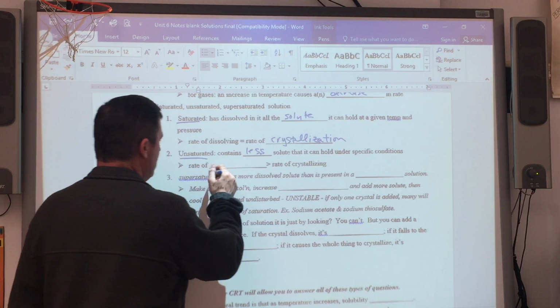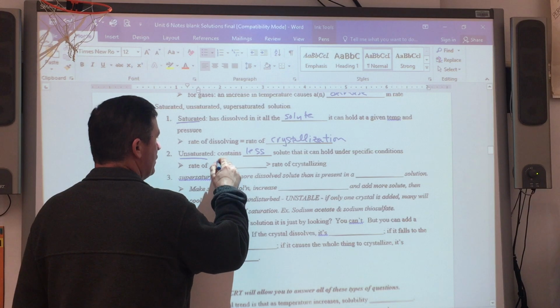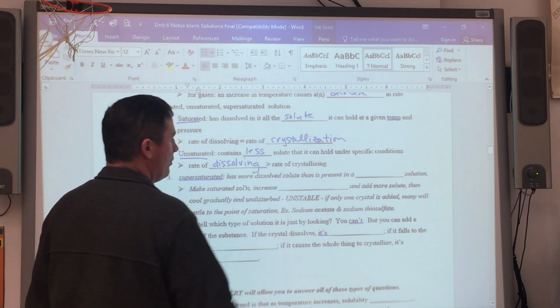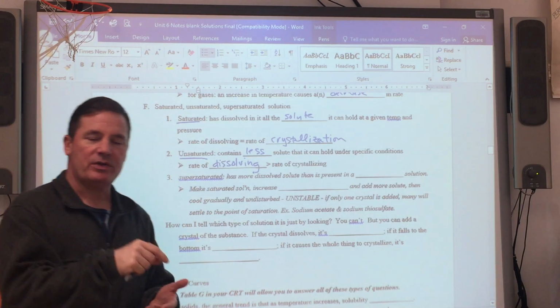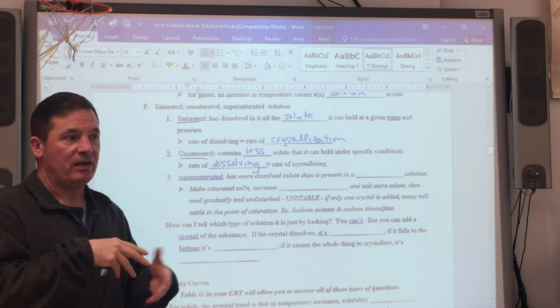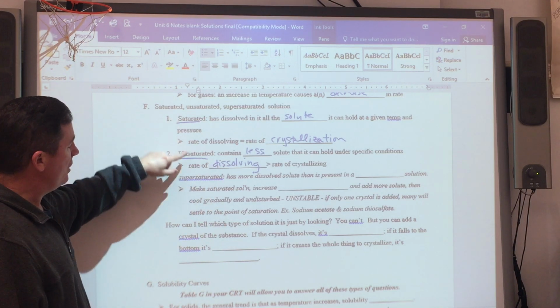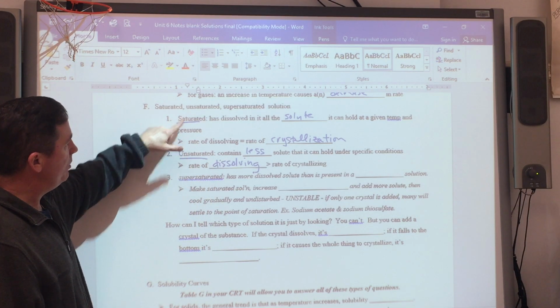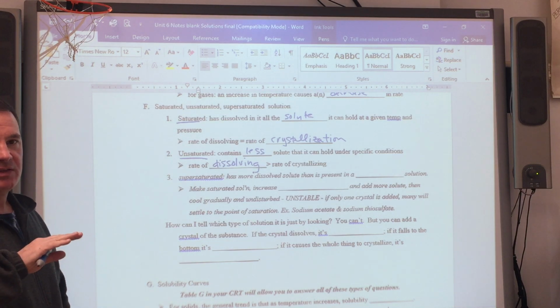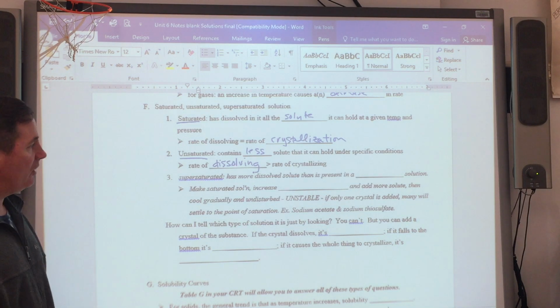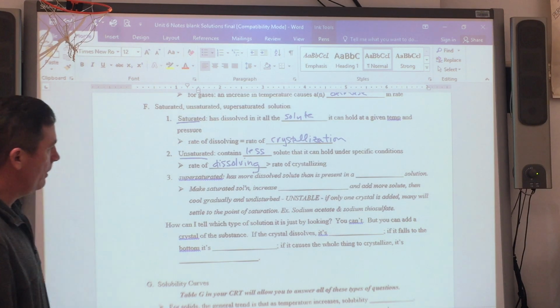If it's unsaturated, that means the rate of dissolving is greater than the rate of crystallizing. So when I put crystals in there, it will dissolve. And at some point, it will become saturated. So unsaturated solutions will become saturated at the given temperature, whatever the temperature is, as long as you keep putting the solute in there.